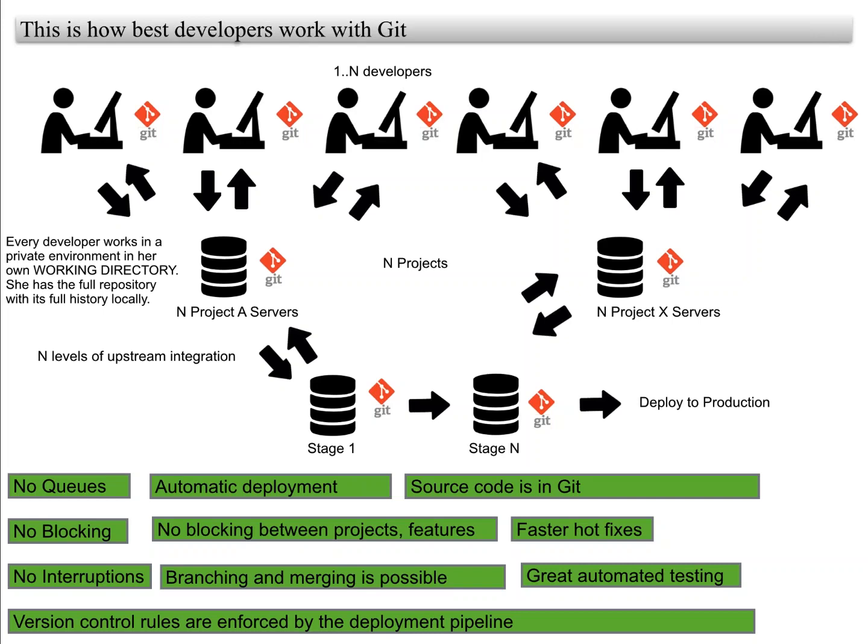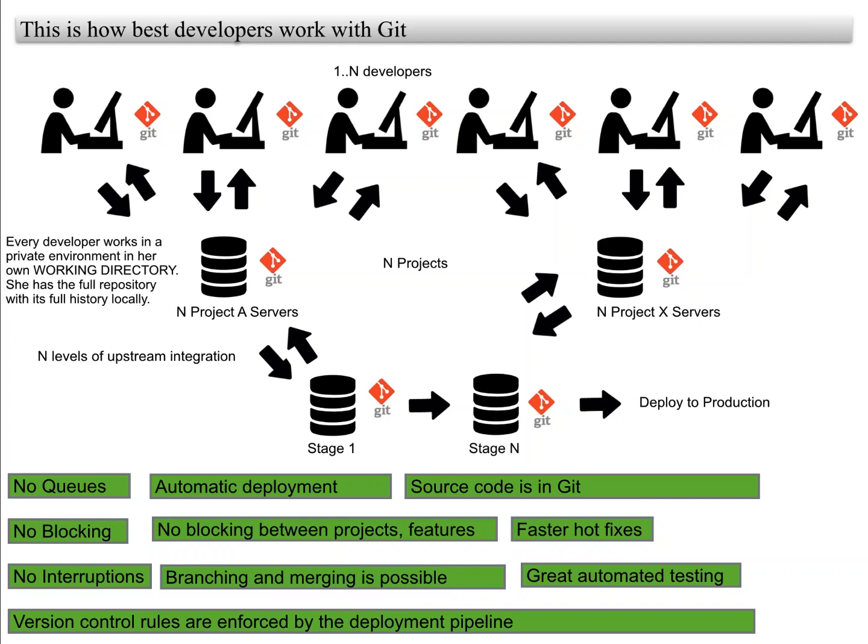No blocking. Nobody blocks each other. It's very fluent. There are no interruptions. If I accidentally make a mistake and make a package uncompiled, it doesn't break another developer. The deployments are automatic.